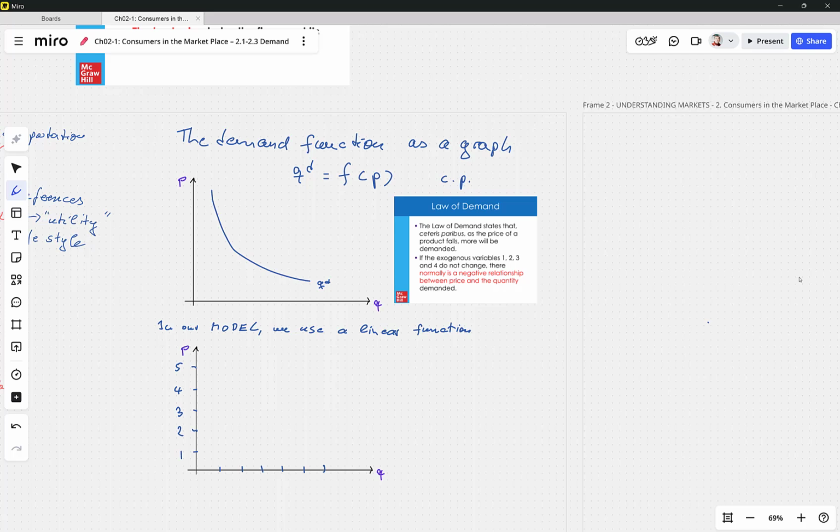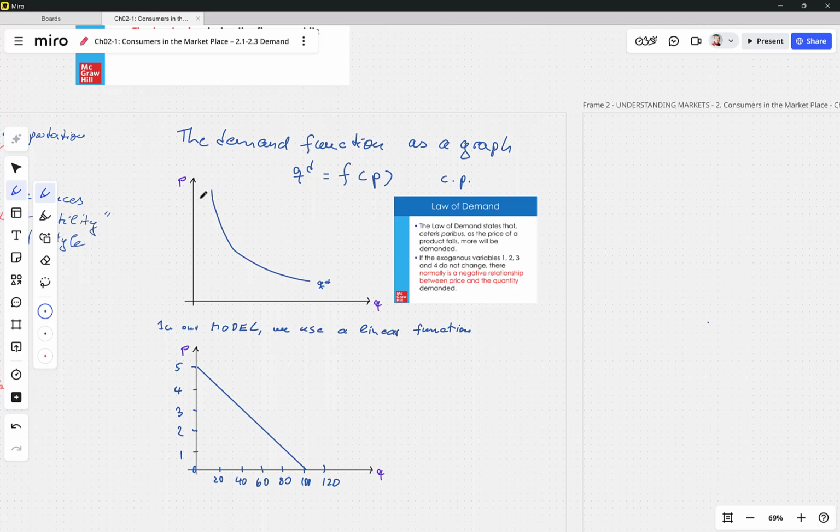You see that I put the prices from 1 to 5, euro, pound, whatever you want, and let's say the demand is something between 20 and 100 units. A quantity demanded, a straight line combining the 5 on the price axis with the 100 on the quantity axis.